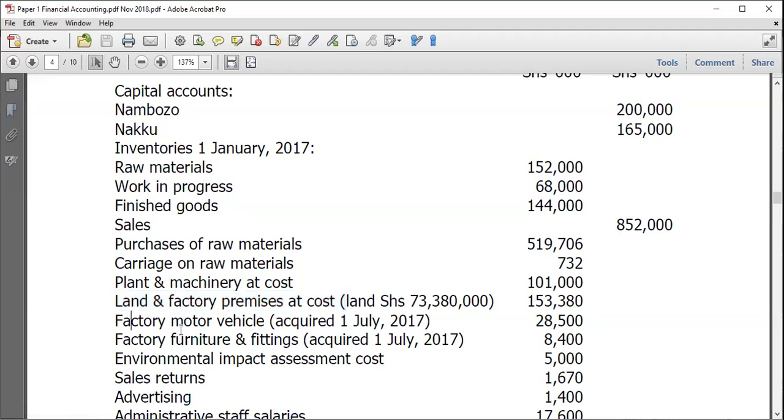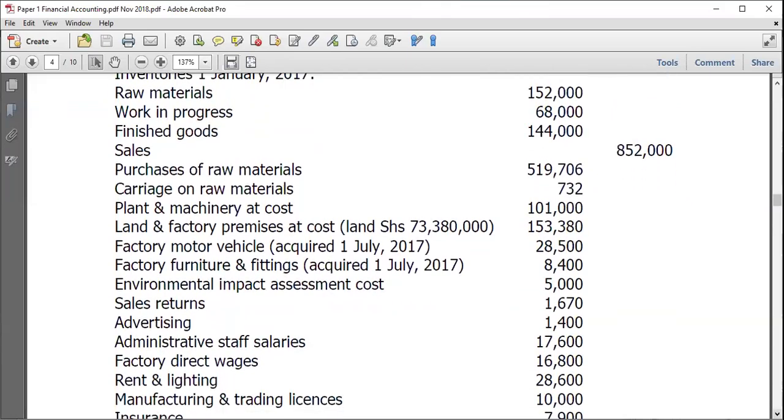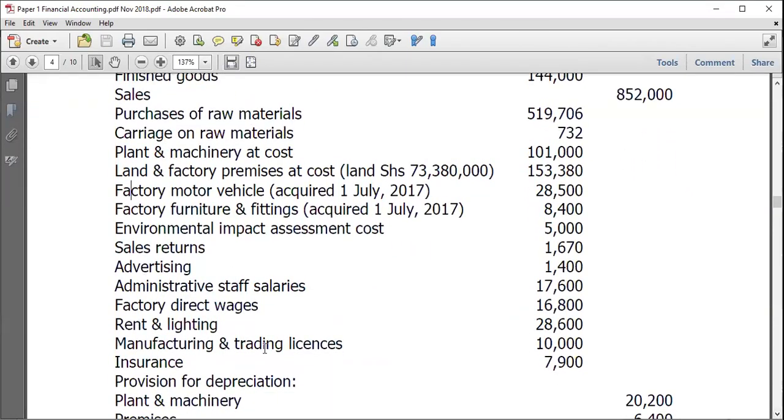But let me first leave depreciation since I need to calculate it. Let me first get the low hanging marks that I need to use, okay? Now, as you can see, when you get down here, sales returns, advertising, this one we have already recorded. Then we have rent and lighting and so on.